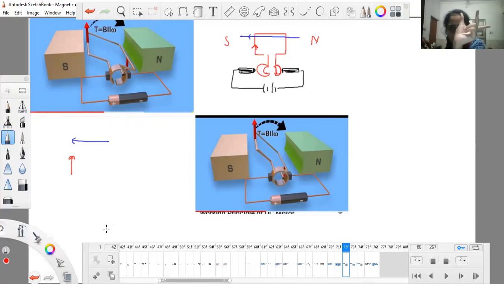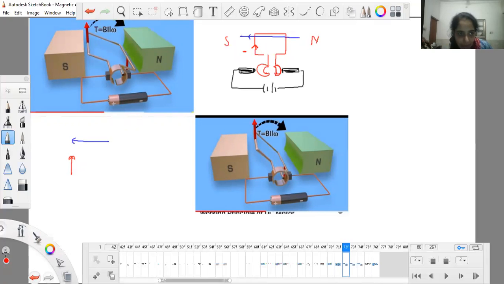So by using this, just place this finger on this armature, and you can see that the current is upward, and this is the direction of magnetic field lines, and the thumb is also upward.